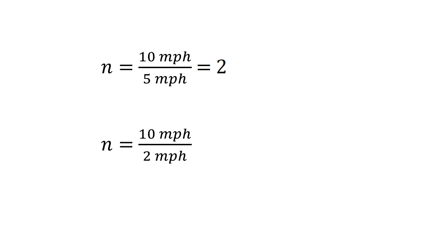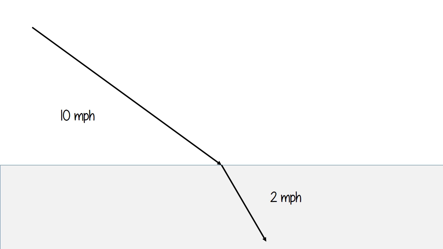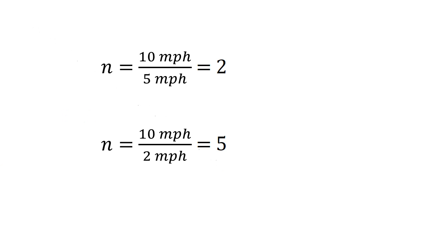Now let's just say we have another medium, and light travels through that medium at 2 miles an hour. What's the refractive index of that medium? Well, that, of course, will equal 5. Okay, so why am I doing all this? Well, I want you to look at the patterns and the relationships here, because I know I picked ridiculous numbers and ridiculous speeds, but the patterns will hold true regardless of the numbers.